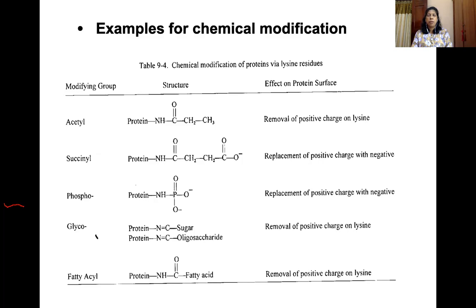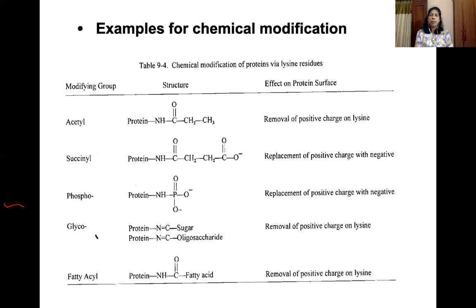If you add the glyco group, sugar or oligosaccharide, there is removal of positive charge on lysine, and since sugars and oligosaccharides are there, we can definitely increase the emulsification properties of the product. If you add the fatty acid group, there is removal of positive charge on lysine, and now the fatty acid group is combined with the lysine, so the hydrophobic behavior is increased.